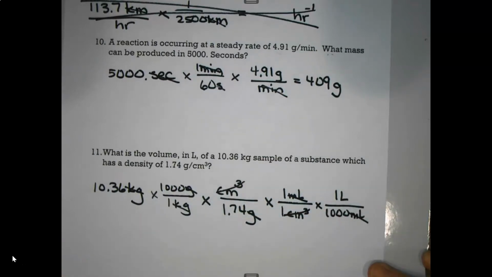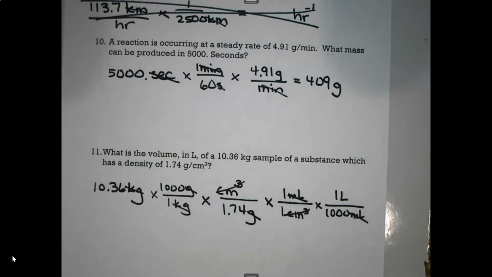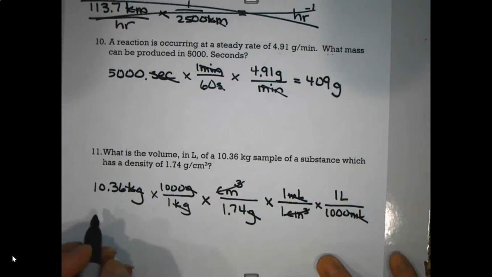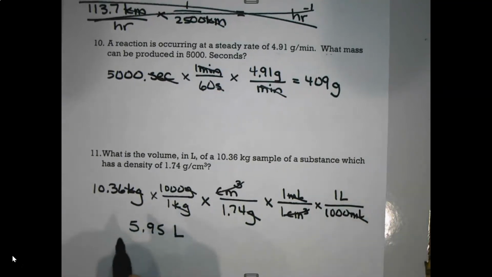So what I'm really doing is taking 10.36 and dividing it by 1.74, and that's all I have to do. And I get 5.954022, blah, blah, blah. This is going to dictate 5.95. And that is liters of whatever that sample is.